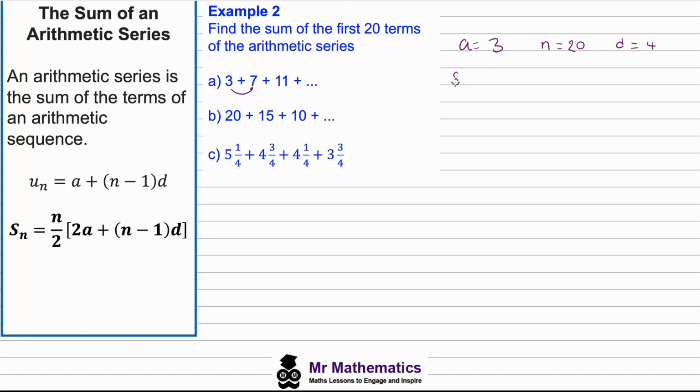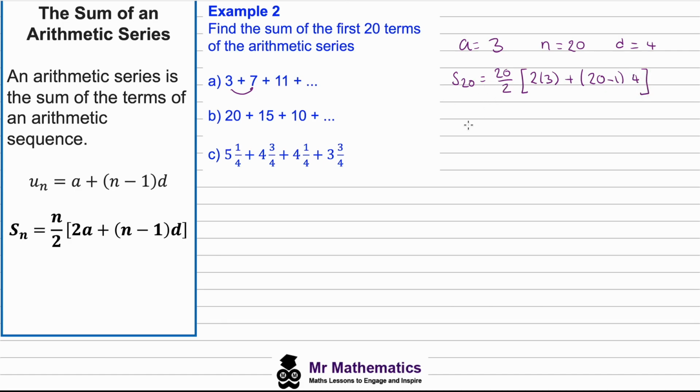So now the sum of the first 20 terms will be n, 20 divided by 2, multiplied by 2a, so 2 times 3, plus n minus 1, multiplied by d.